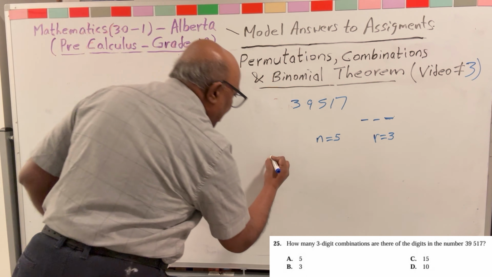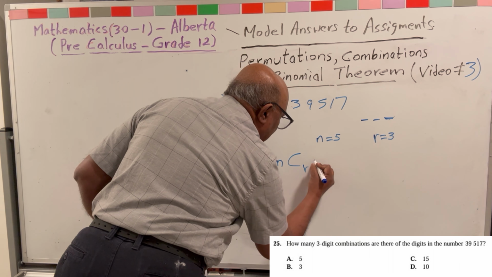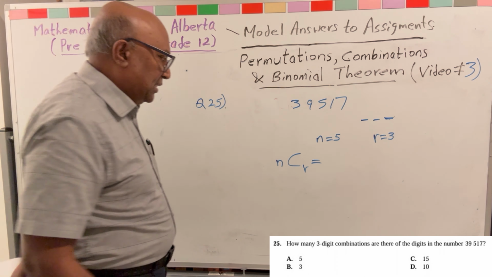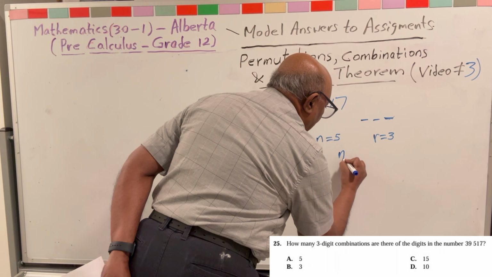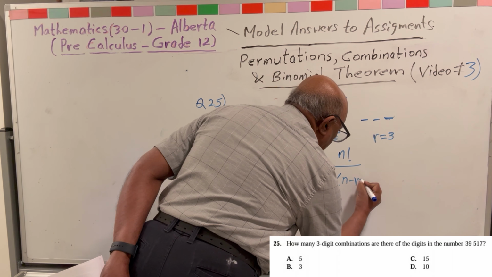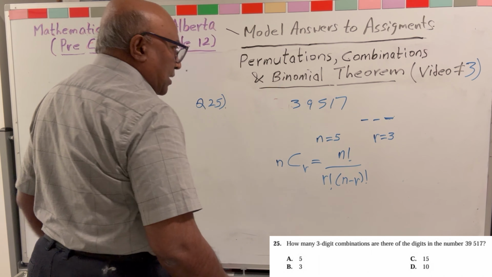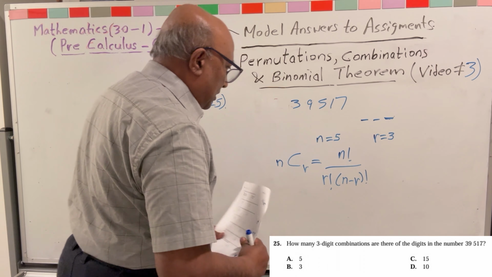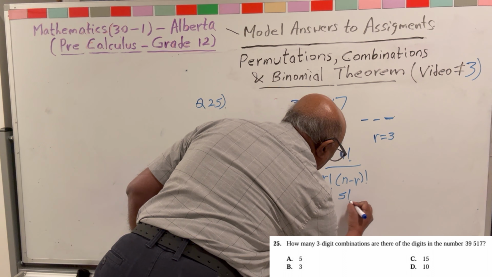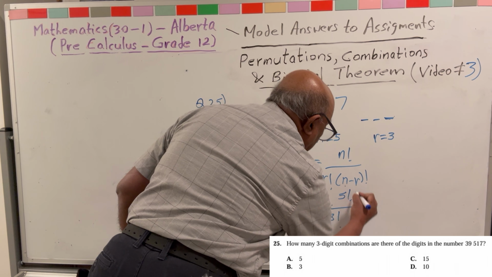But this time, we have to use the combination formula, nCr. The formula for combination is factorial n upon factorial r, factorial n minus r. Otherwise, you can use the calculator directly, okay? We are looking for 5C3. Factorial 5 upon factorial 3, factorial 5 minus 3, which is factorial 2.